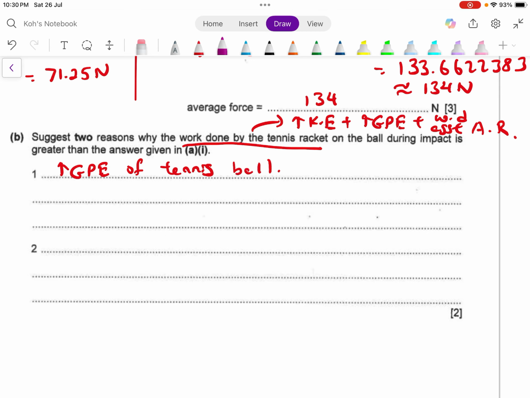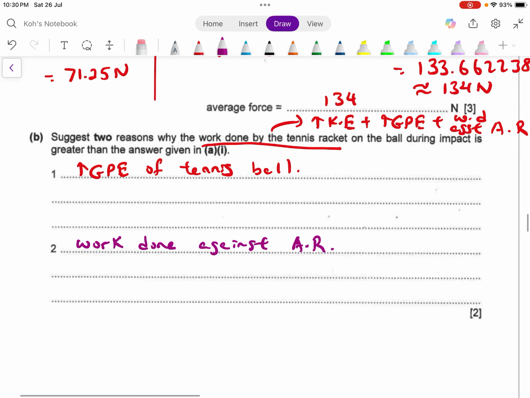Second reason is because there's some work done against air resistance. Yep, so that is how we do this question.